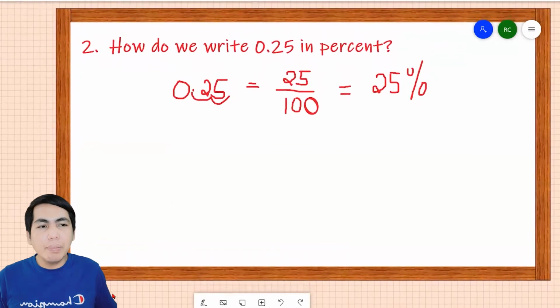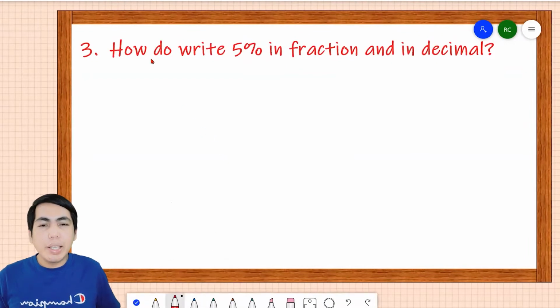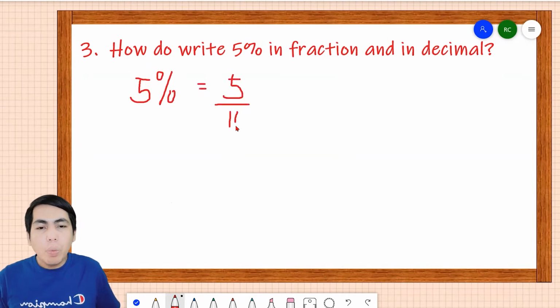Now let us have sample number 3. How do we write 5% in fraction and in decimal? Again, we know that percent is for every 100. So if we have 5%, that is equivalent to 5 over 100.